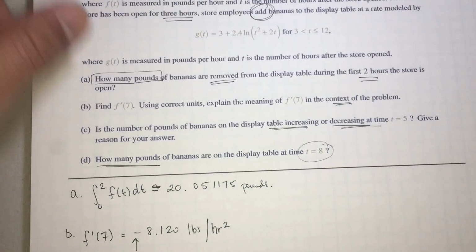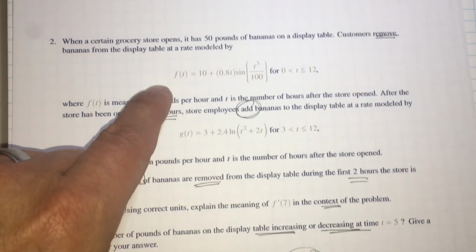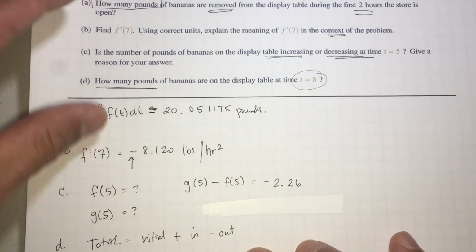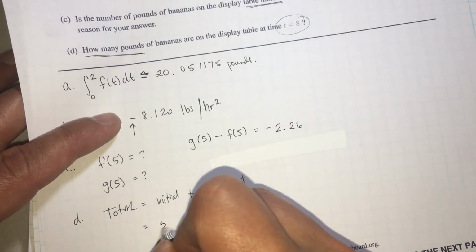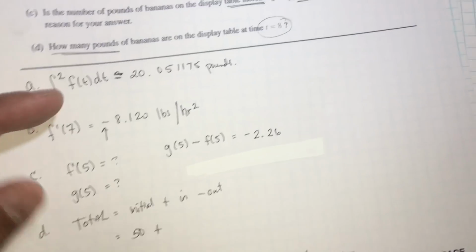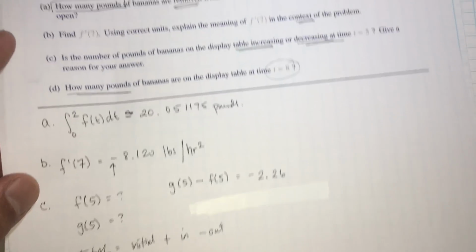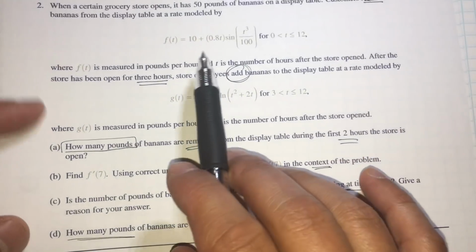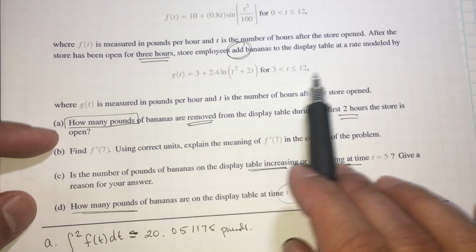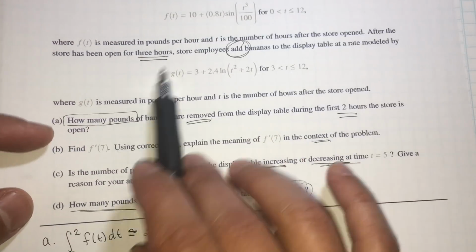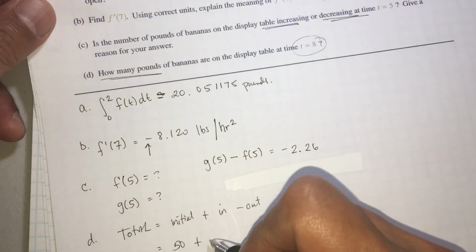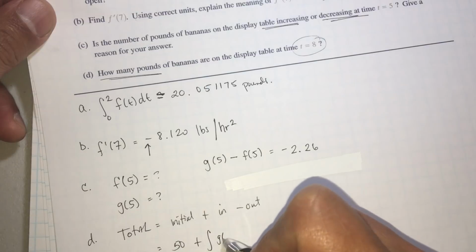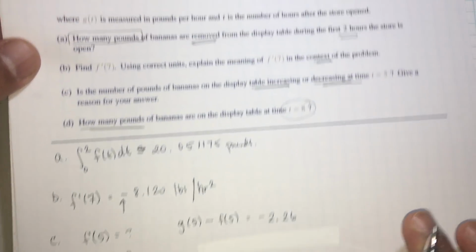Well, it tells us we started with 50 pounds of bananas, plus what's going in. So we're going to take the integral of g of t dt. Now you've got to be careful here.